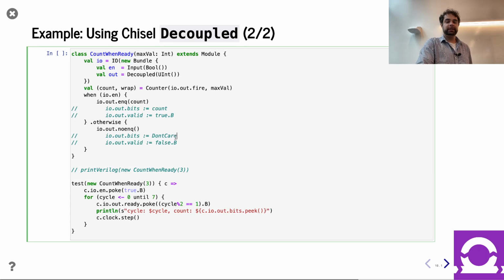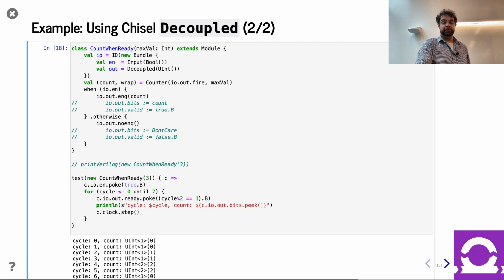You don't have to do that, but you could. The prior example just hardwired that value, right? And then you also say the valid, which makes it really important. You say this is not valid data, it's false. Here we are using the semantics from these helper functions. So we can say, hey, I want to enqueue that data. And hey, I want to do no enqueue.